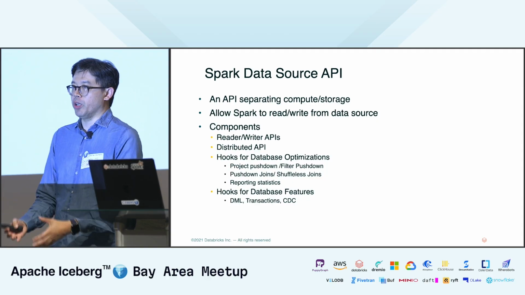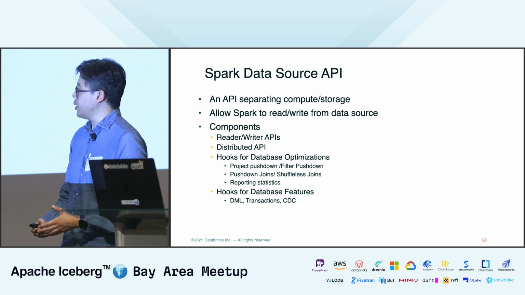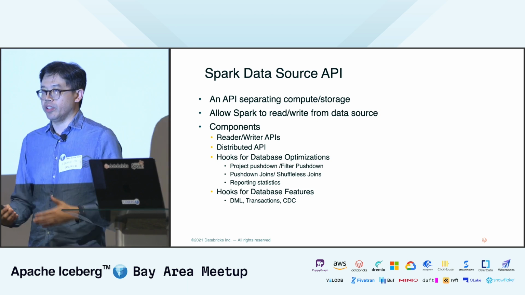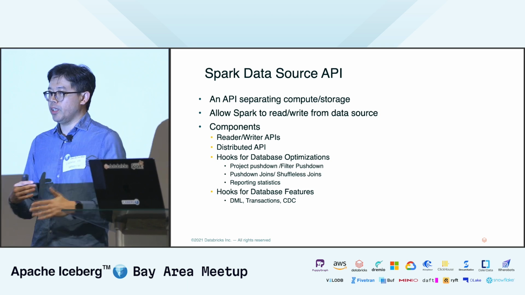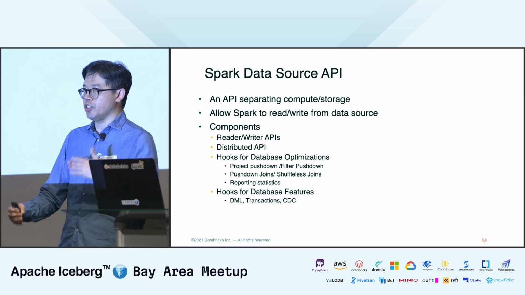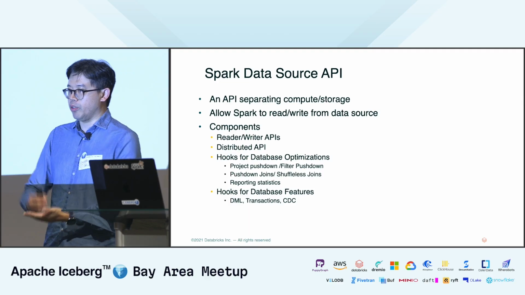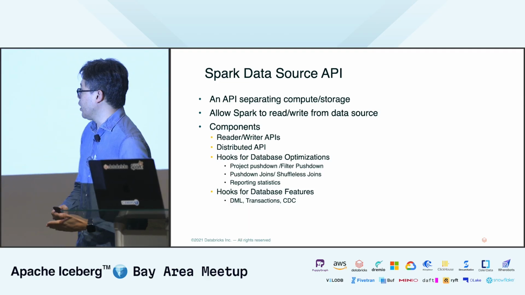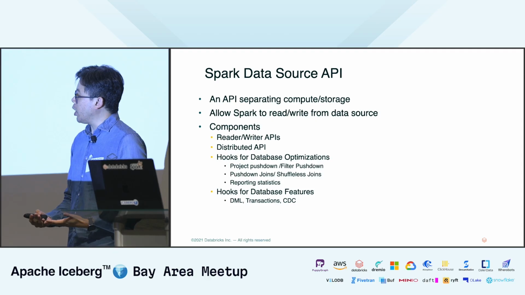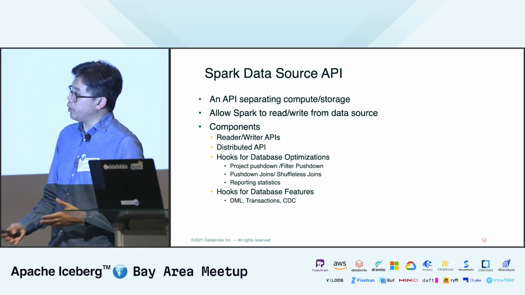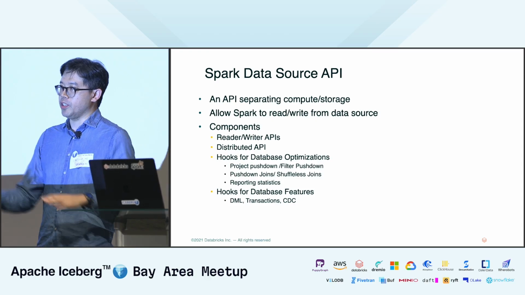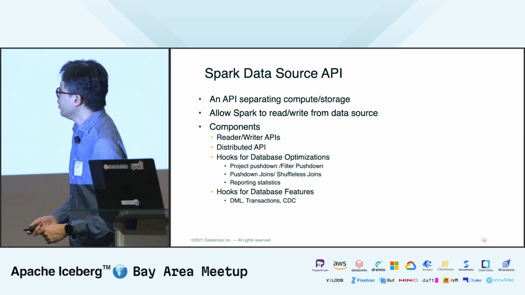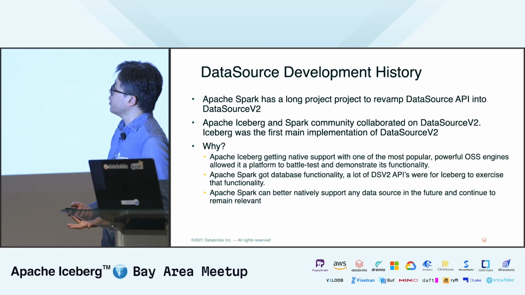The data source needs to support updates for DML to make sense. Transactions, right? The data source needs to support coordinating commits. CDC, it needs to support the concept of a snapshot and then reading the difference between two snapshots. So there are entire features of Spark that rely on a data source, and therefore DSV2 will need to cover this as well. So that's why it's a huge project.